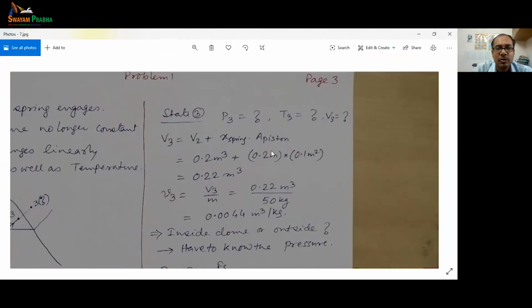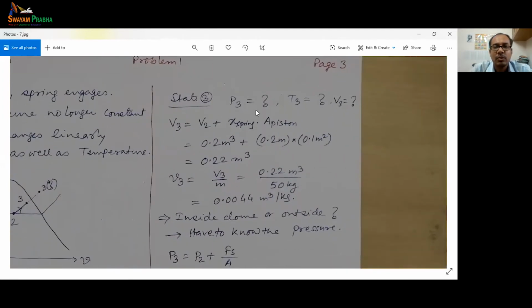Now at state 3, we don't know P3, the pressure, temperature, volume, nothing is known. But volume we can find out, because it is indirectly given. It will be V2 plus the spring compression multiplied by the area of the piston.